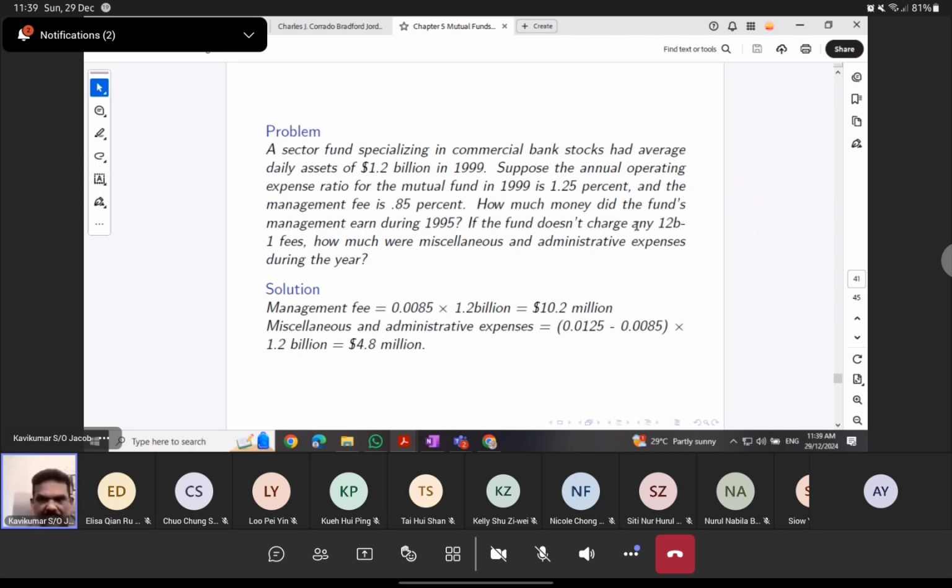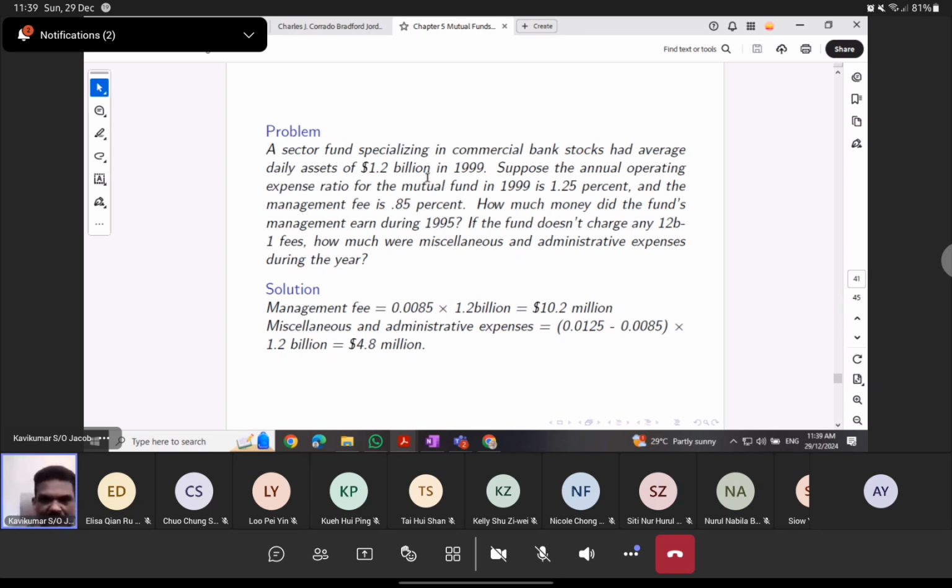If the fund does not charge any 12b-1 fee, how much were miscellaneous administrative expenses during the year?